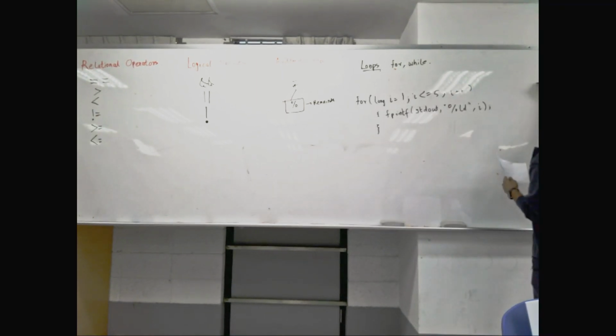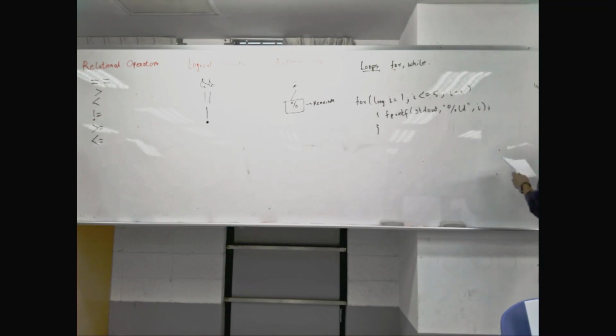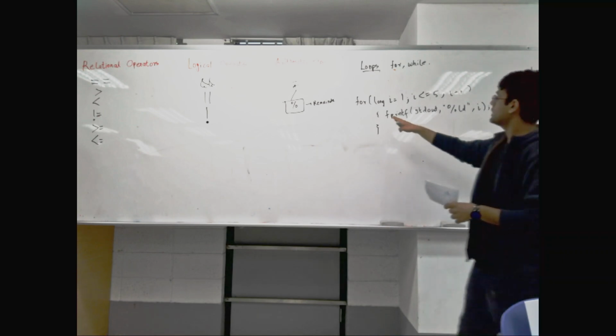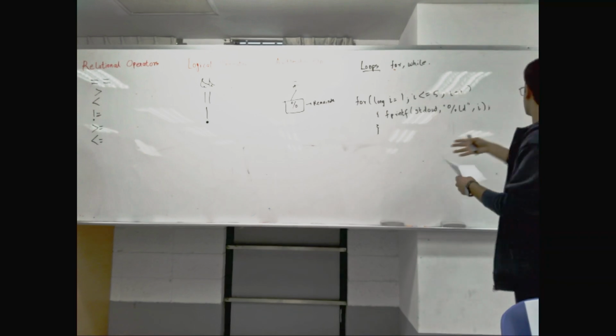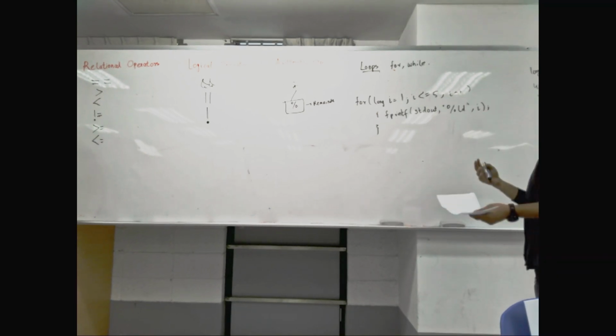And now I'm going to write a while loop. So we use while when we don't have any initialization, when we just want to check the condition, right?